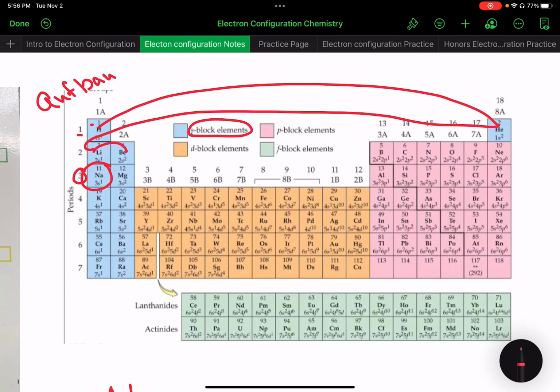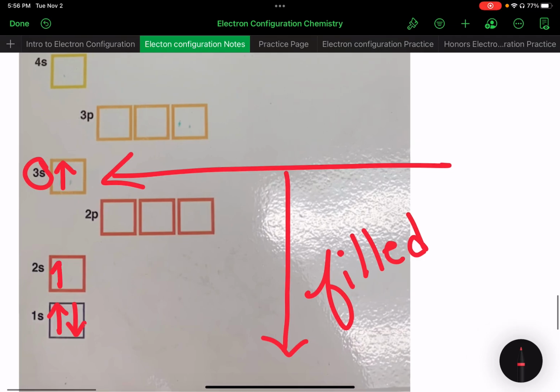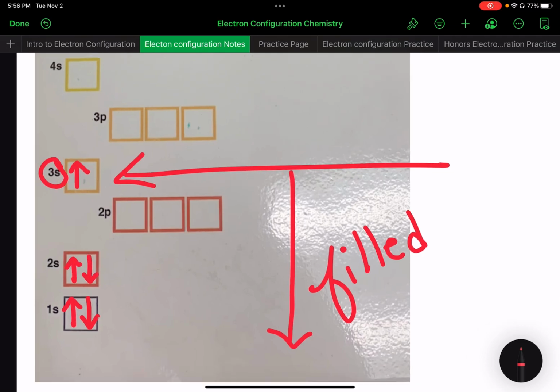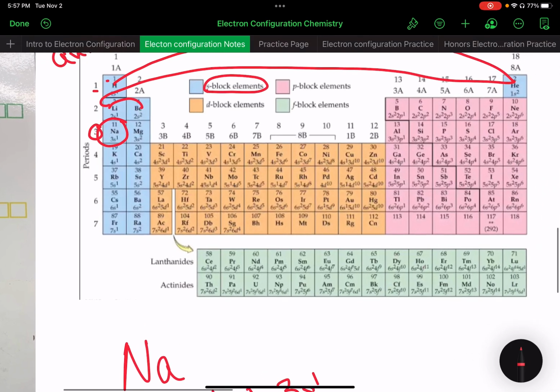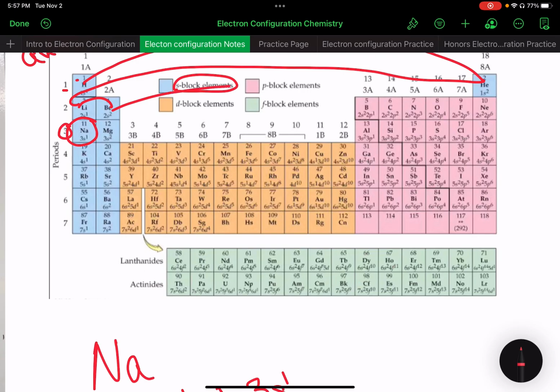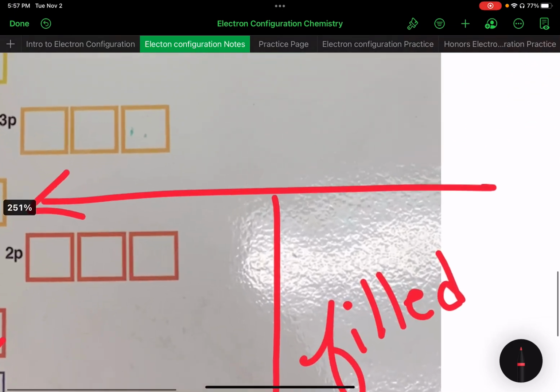Lithium, beryllium, S block. 1 up, 1 down. Then, still not there yet, over to the P. 1, 2, 3, 4, 5, 6. I'll need 6 arrows in that P block to finish this out.